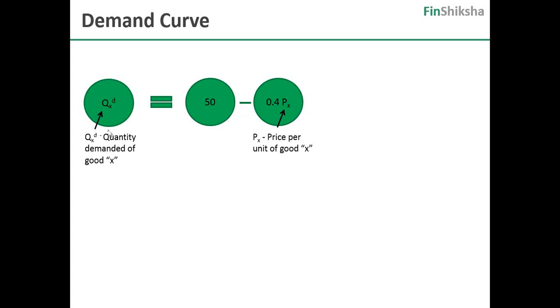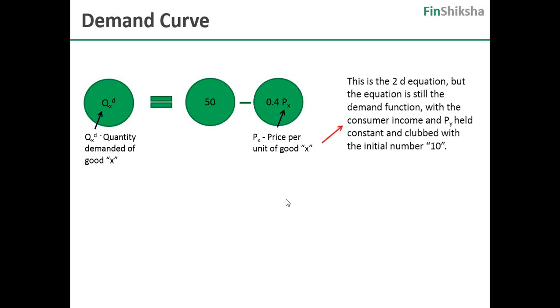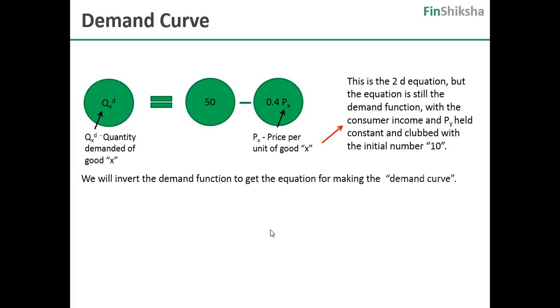Now we still have what we call the demand function, from which we need to come to the demand curve. The demand curve, remember, needs to have price on the left hand side and quantity on the right hand side. So we just need to switch it. Now we'll invert the demand function to get the equation for the demand curve. How do you invert it?